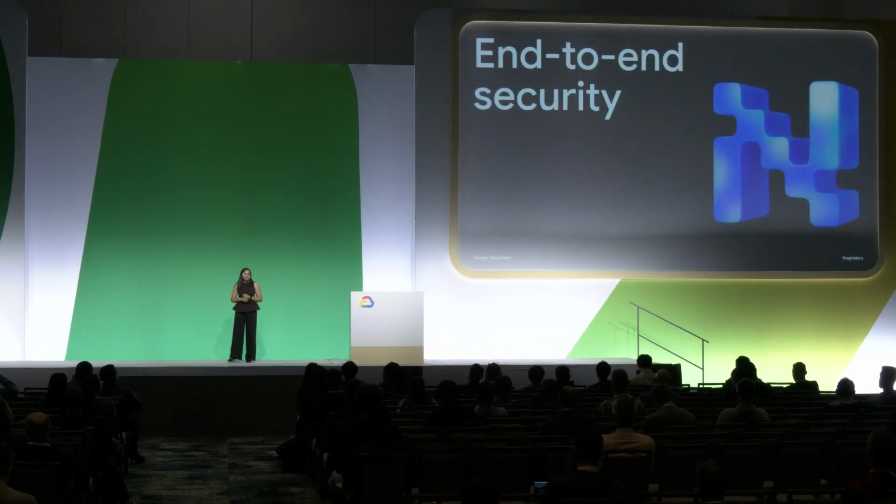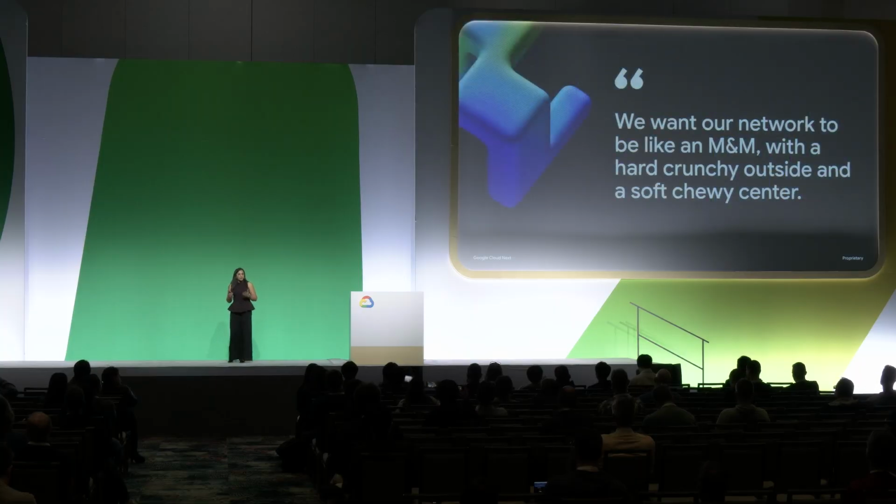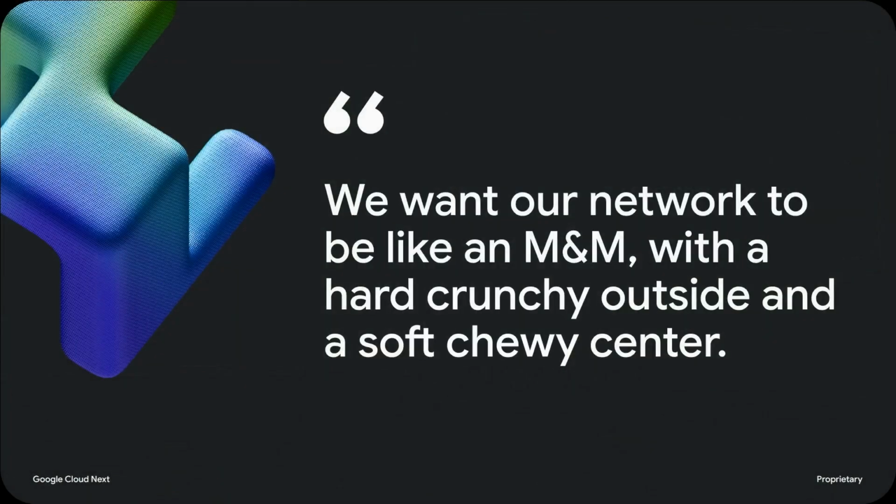So now let's get back to our talk, which is what is security on Cloud Run? So historically, we have always seen network security as like an M&M, where you have this hard, crunchy outside shell protecting what's inside your network, the soft, chewy center. That implied that once you're inside your network, you can trust everything. However, with zero trust, we flip that.